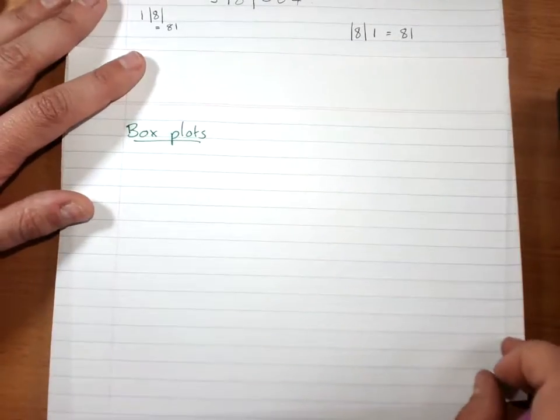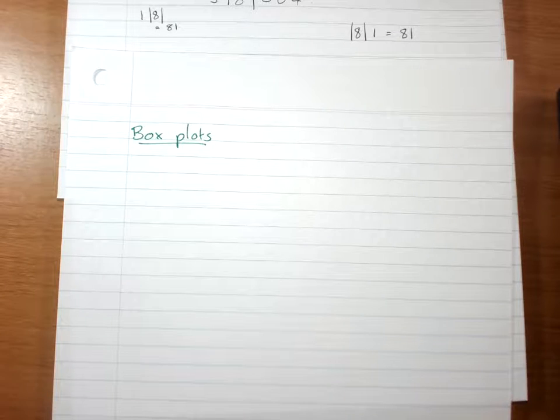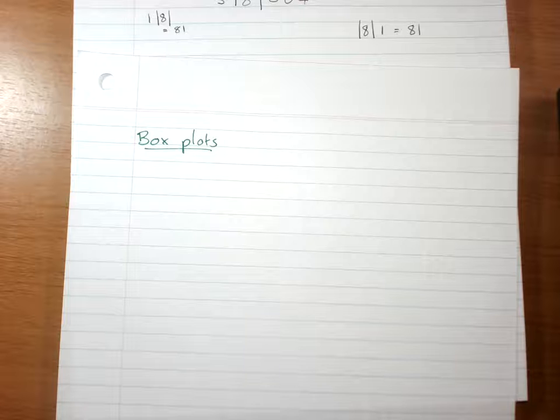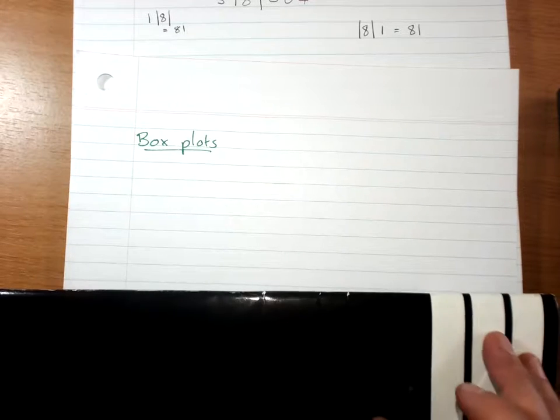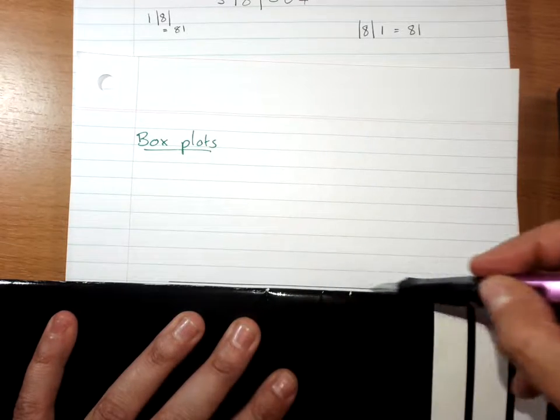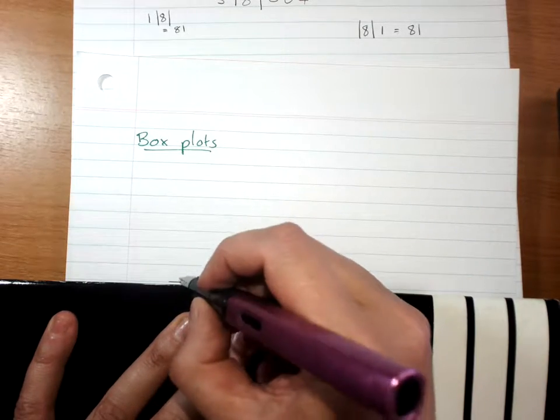You can also do a parallel set of box plots, when of course you would need a ruler, and I didn't bring one. It's embarrassing. So you put two box plots on one number line, one above the other.